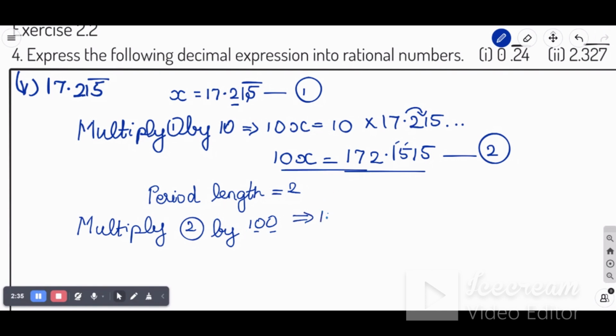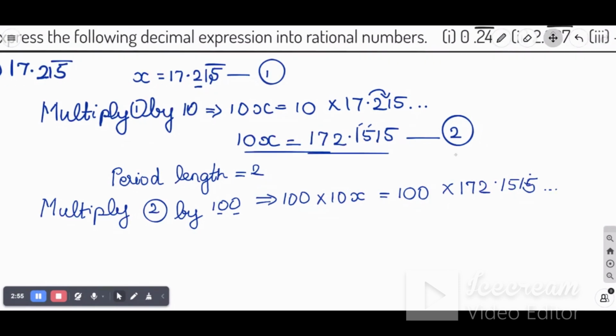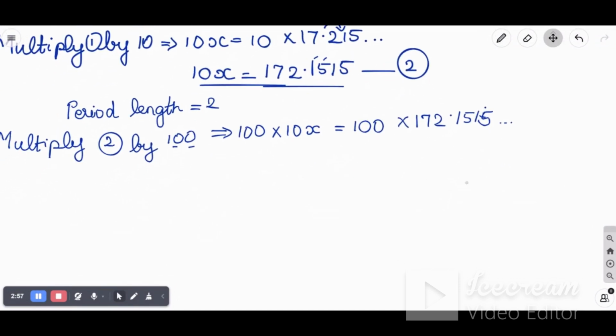So if you multiply by 100, you'll get 100 into 10x. This will be equal to 100 multiplied by 172.1515, our recurrence. So now if you could go a little closer to this, we have got two equations. We are arriving at the second equation. 100 into 10, what is 100 into 10?